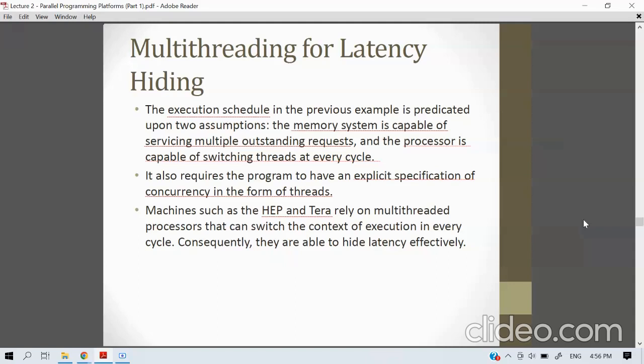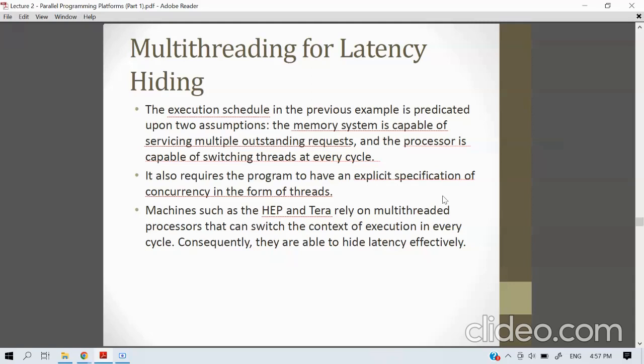So in order to implement this kind of execution, we need to assume that the memory is able to handle multiple requests, and the processor is also capable of switching threads at every cycle. It also requires the program to have an explicit specification of concurrency in the form of threads.